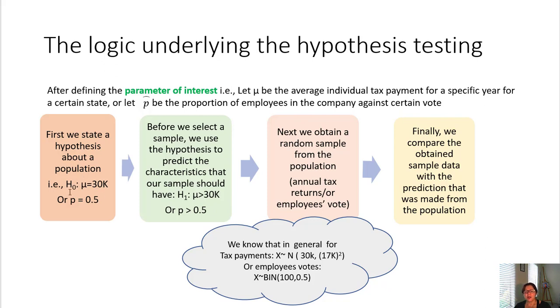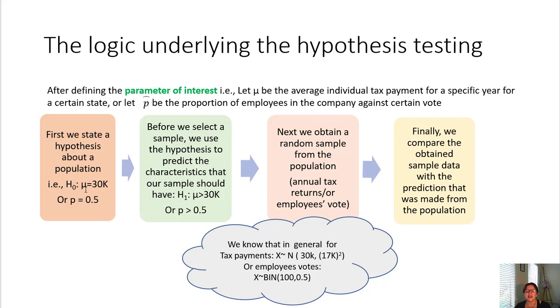For example, if I'm talking about the income of a certain group in a population, and we believe that their wage is less than a specific number for the general population, we can put the null hypothesis, and we say let mu be the average wage for employees for that certain class.